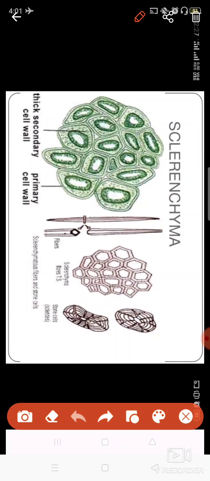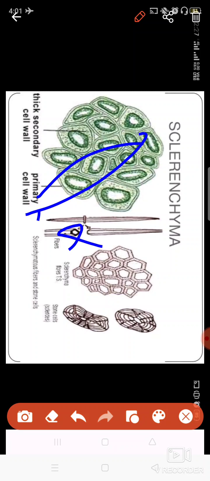Sclerenchyma is made up of two types of cells, fibers and the stone cells, which are also known as sclerites. Fibers are basically long structures which are pointed at the ends, and they do not have any protoplasm or cytoplasm. They have very thick walls.